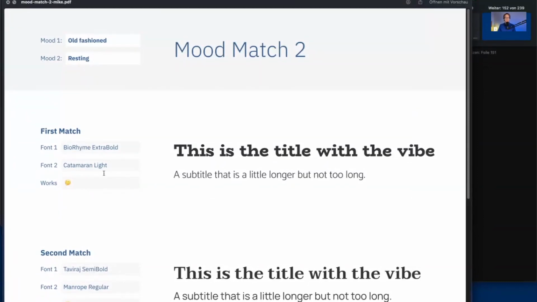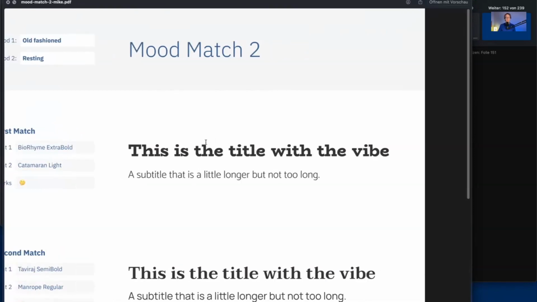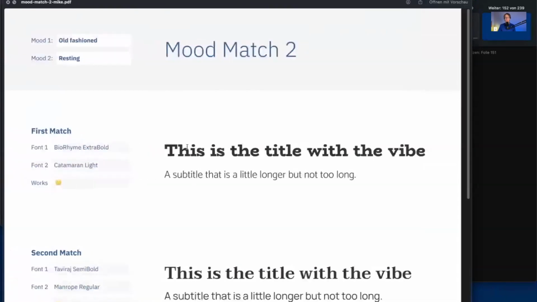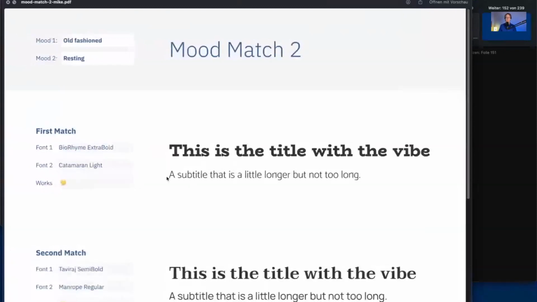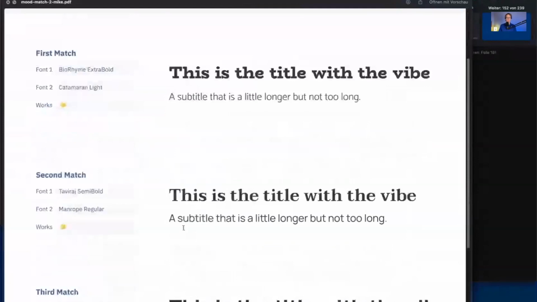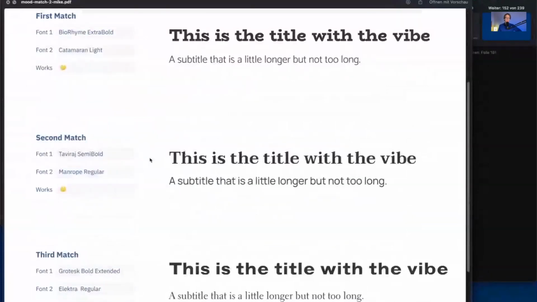Then Catamaran Light would be resting. Also a nice association: sans serif, linear, calm. I think this is an interesting combination on two levels. You have a contrast where this is very bold and wide, and this is very light and narrow. So you have two kinds of contrasts going here. And followed by that, we have something like here, what was this one?